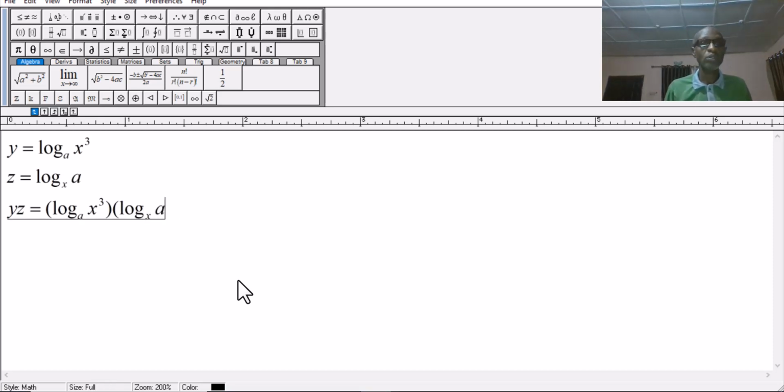So that's our yz. Now we need to understand certain things in the law of logarithm. yz is equal to 3 log x cubed log.